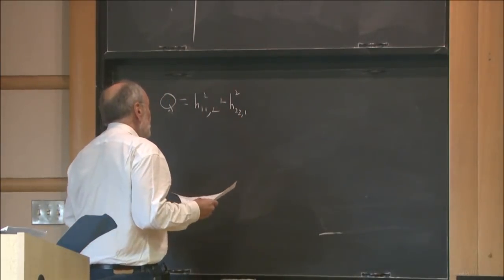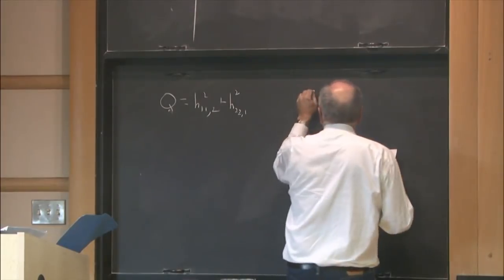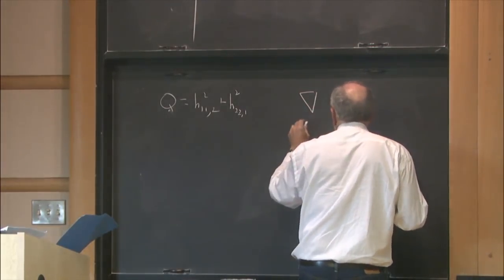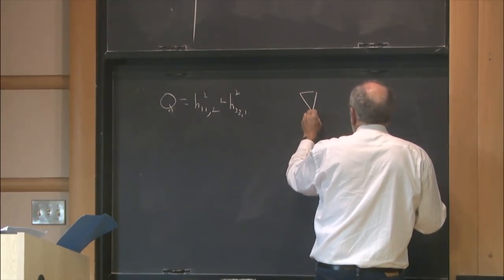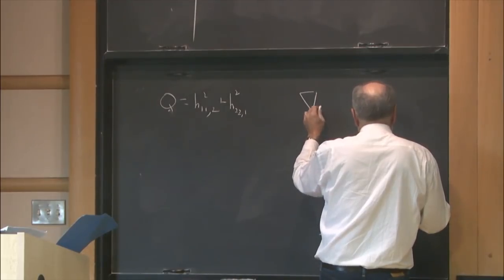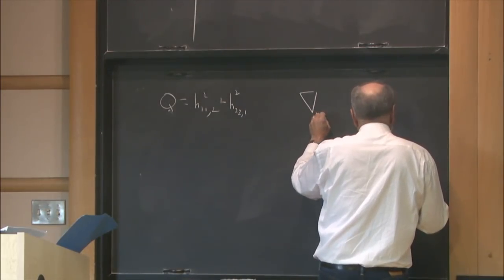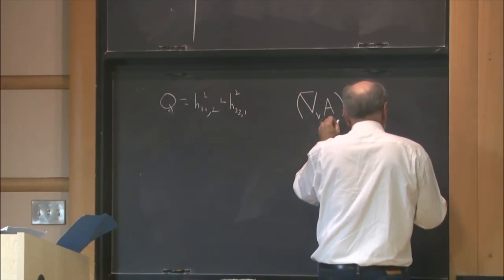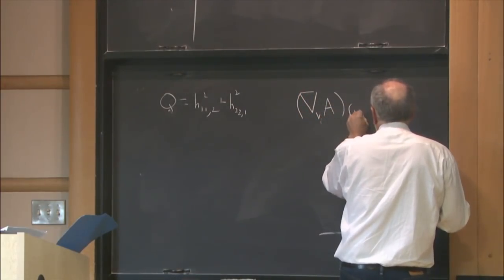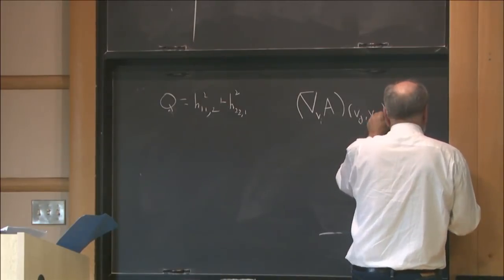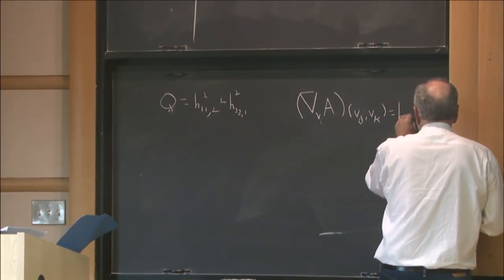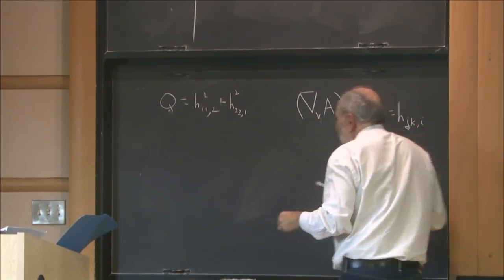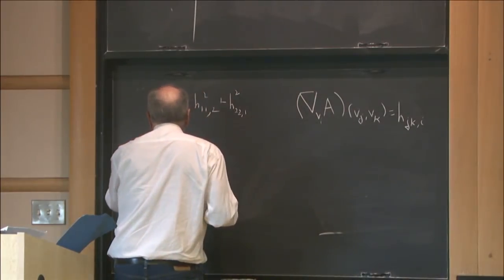It's a non-negative function where the covariant derivative in the Vi direction of Vj, Vk is Hjki. What are the Vi's?